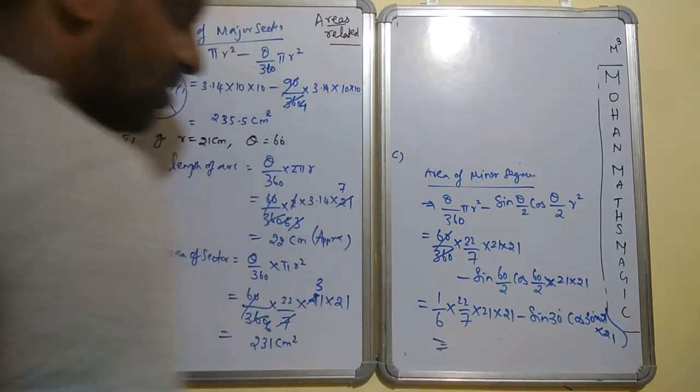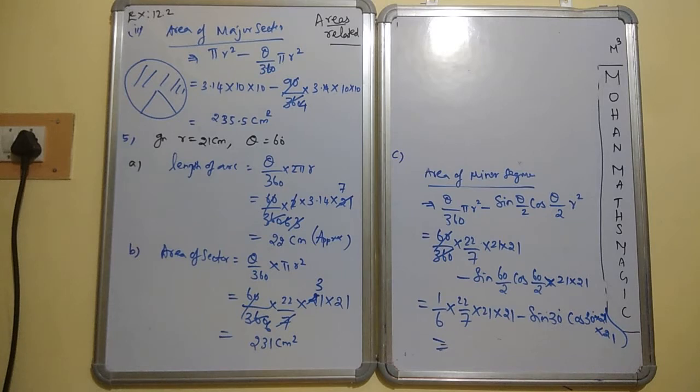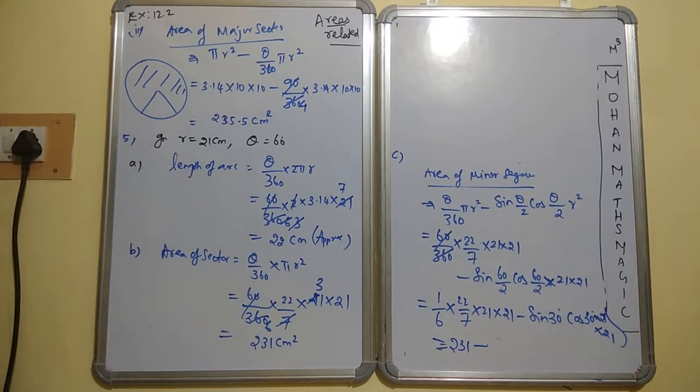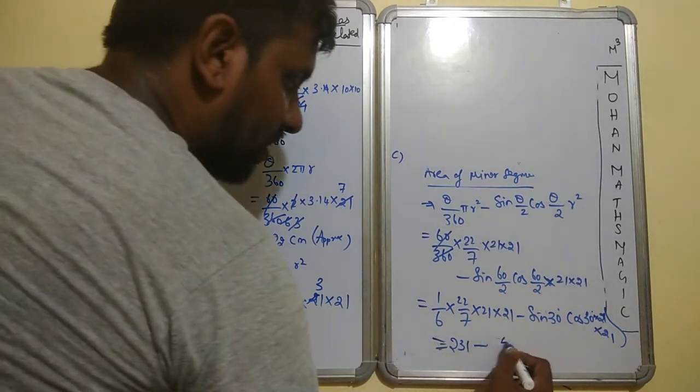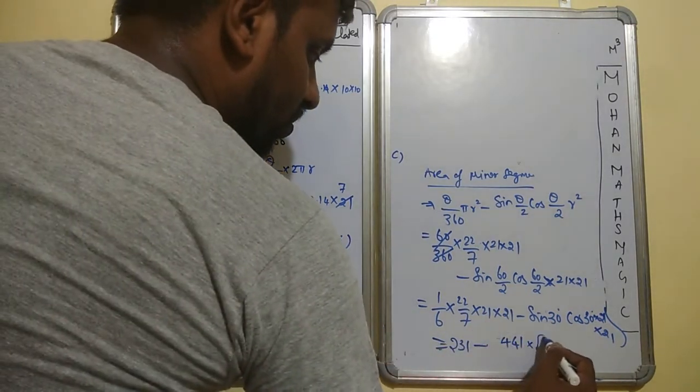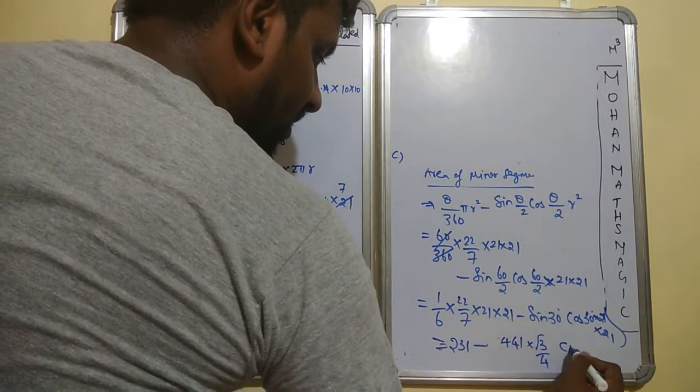The final calculation, you will be getting the area of the minor segment as 231 minus 441 into root 3 upon 4 centimeter square.